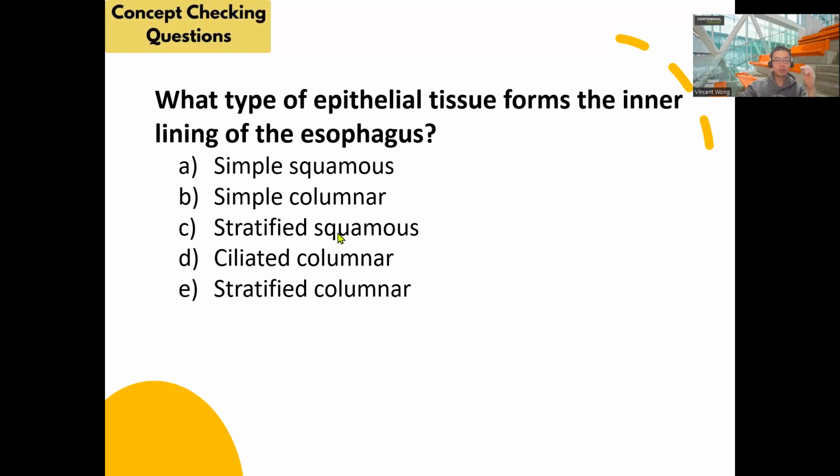Multiple layers of flat cells. That's for excellent protection. There is no such thing as stratified columnar that exists in the body. That's just something that I made up.